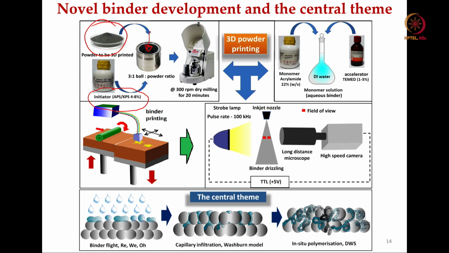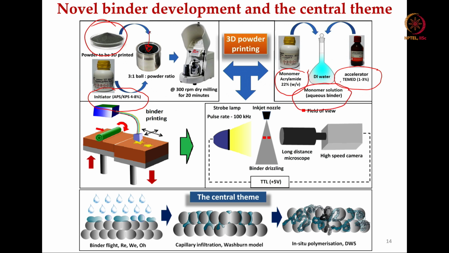In terms of the binder formulation, we have used a monomer, acrylamide, and an accelerator, TMED, at 1 to 3%. This monomer and accelerator are mixed with deionized water, and that forms the monomer solution.